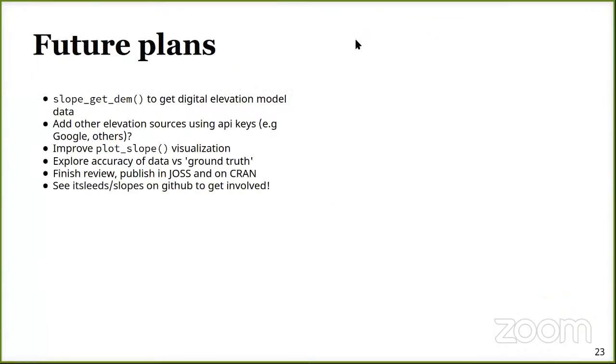So our future plans, we are almost at the end. One of the functions that we want to develop is to get digital elevation model data directly from the slopes package.